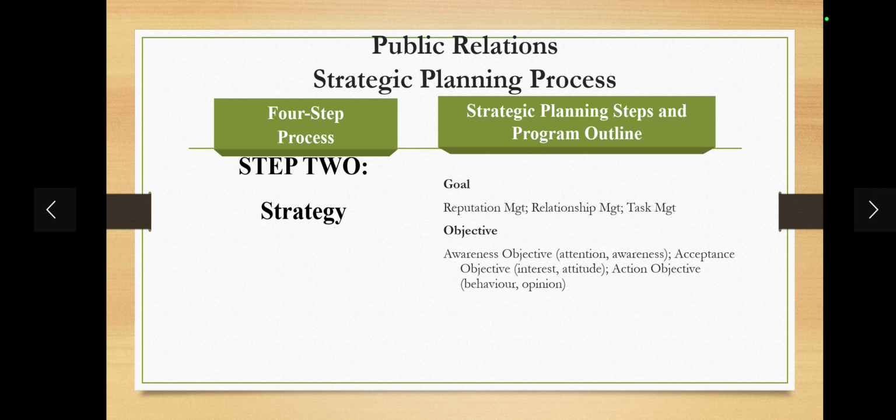When we say an objective is an acceptance objective, it seeks to get people to be interested or to have a certain perception or attitude towards something. When we say an objective is an action objective, it means that the objective wants to change behavior or opinion.